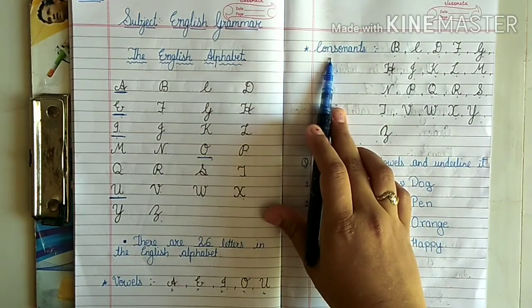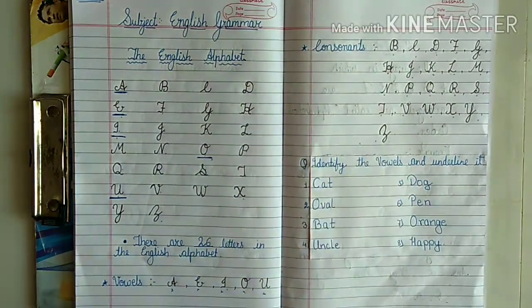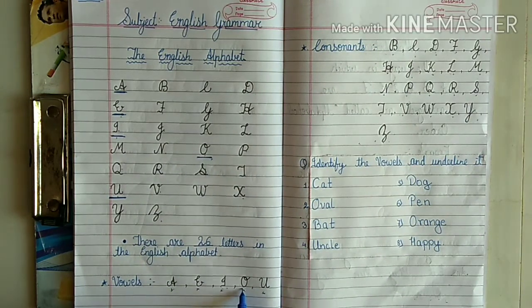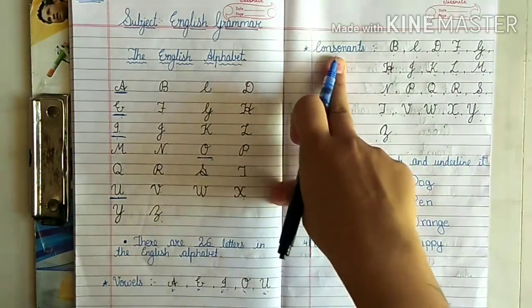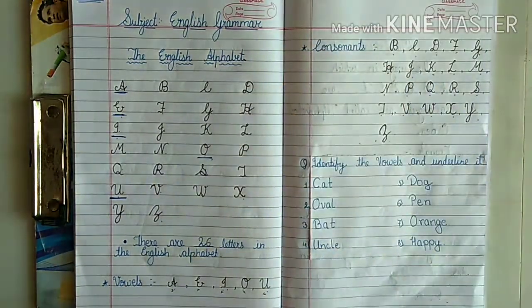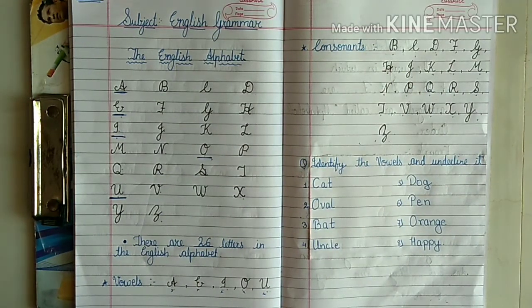Consonants. Okay, let us revise again. Which are the vowels? A, E, I, O, U. And the other remaining letters are consonants. Yes.